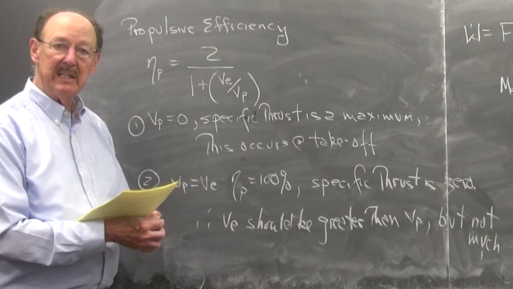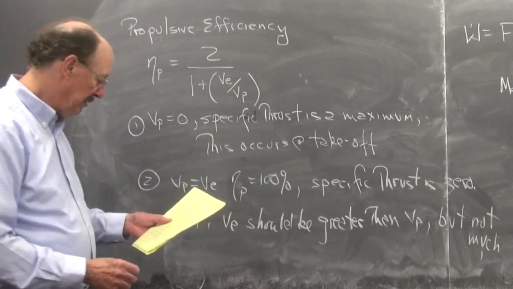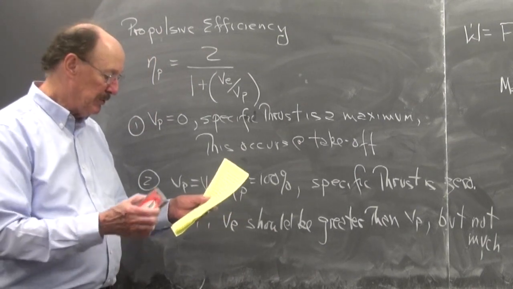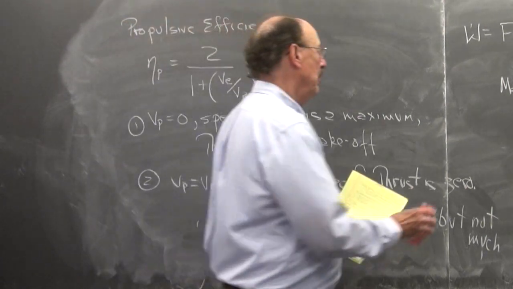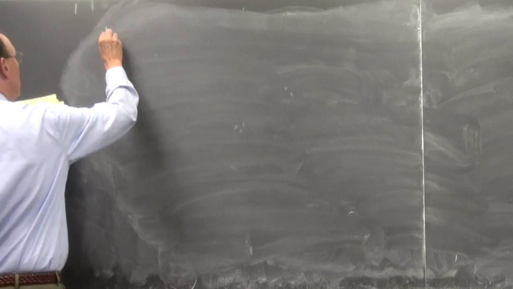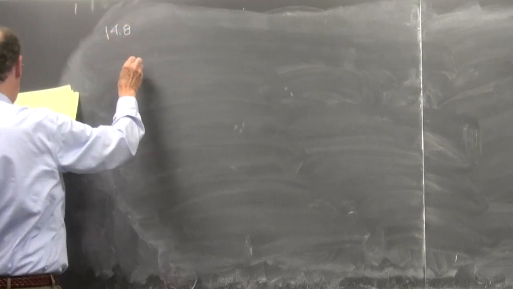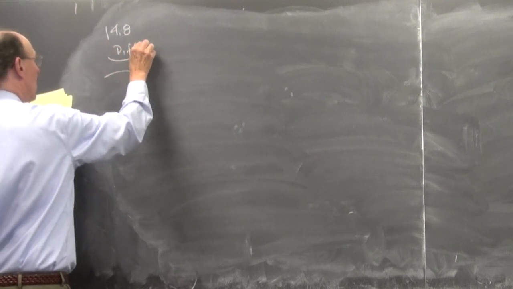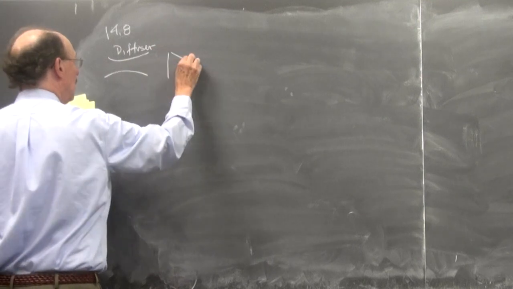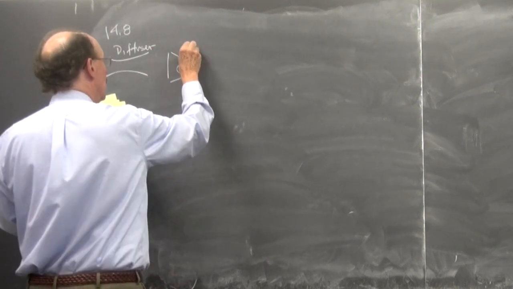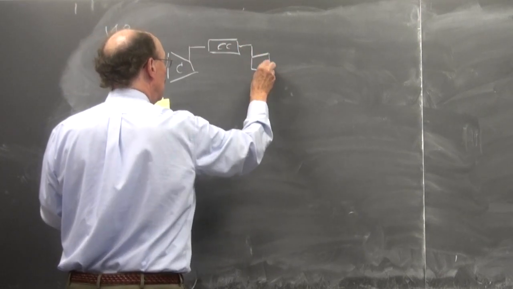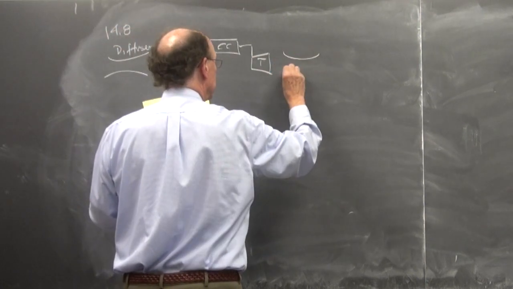Now what I'd like to do is look at example 14.8, and we'll go through that, and we'll use different k's and c sub p's for the products as well as the air. With this, we're going to have a diffuser, the compressor, combustion chamber, turbine, nozzle.